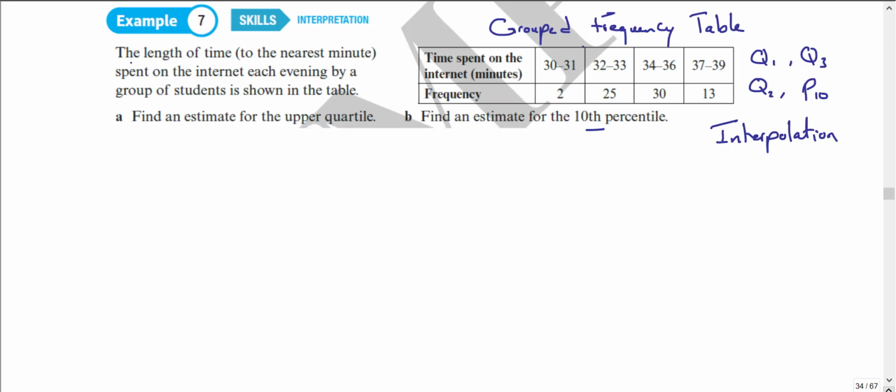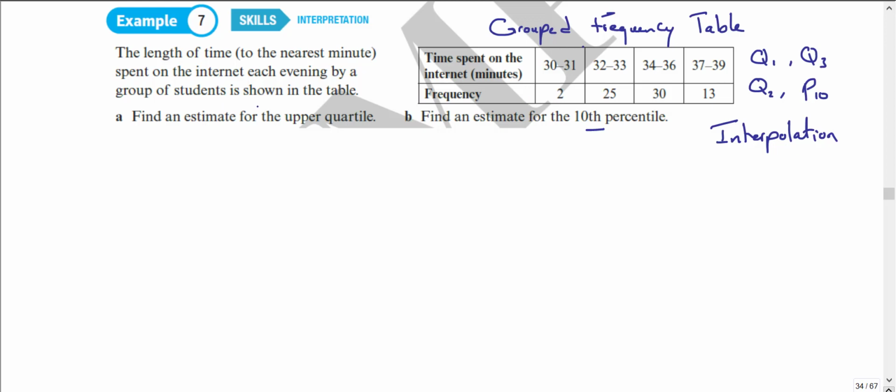Let's check this example. We have a grouped frequency table. They say the length of time, to the nearest minute, spent on the internet each evening by a group of students is shown in the table. So this table measures the time each student spends on the internet every night.